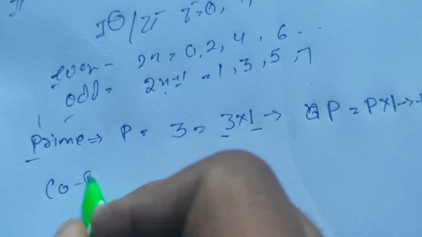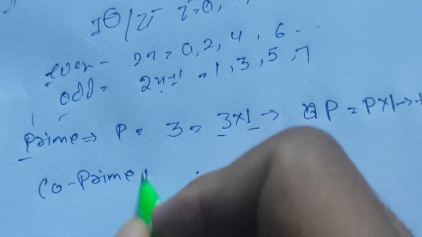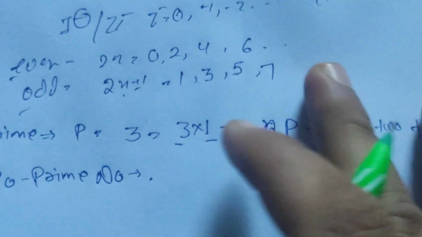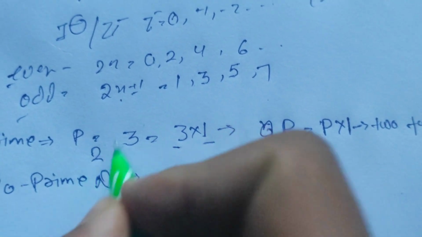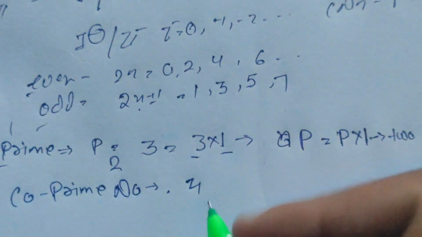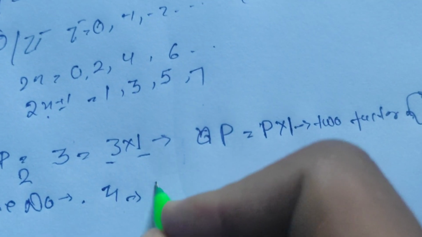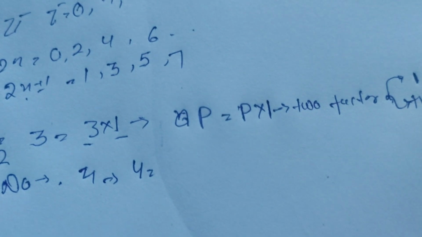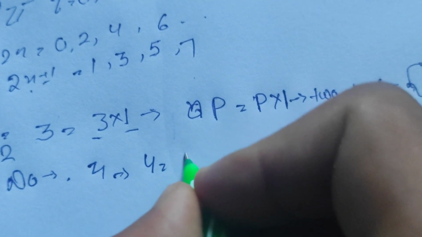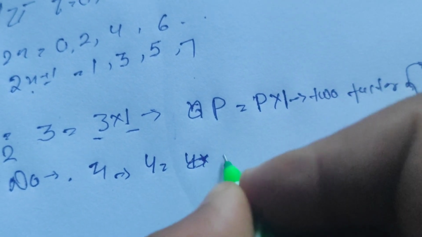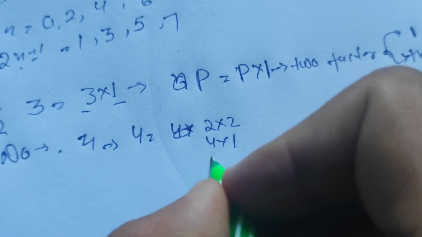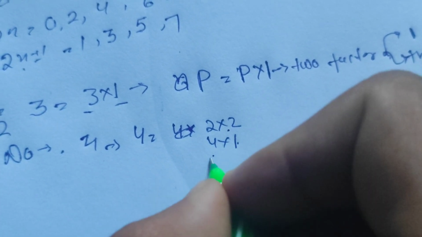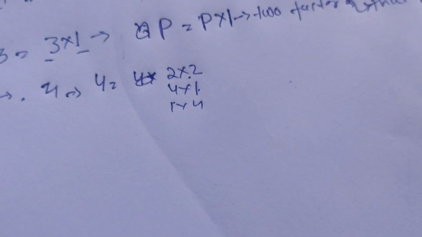And co-prime numbers, these are all basics you already know. Co-prime numbers are like 4. 2 is a prime number because it has only two factors. A co-prime, or composite, number has more than two factors. Like 4, we factorize it as 2 into 2, 4 into 1, or 1 into 4.